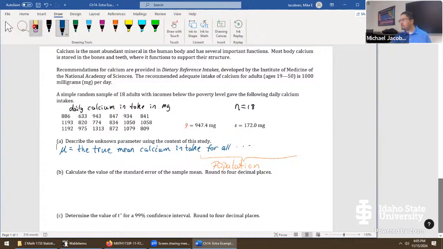So for all adults, ages 19 to 50, and there's even a little bit more here. Anyone spot the last remaining bit to specify the population? Absolutely. That seems to be a big feature of this problem as well. So let's mention it down here. Good call, folks. We've nailed that parameter down. So true mean calcium intake for all adults aged 19 to 50 below the poverty line.